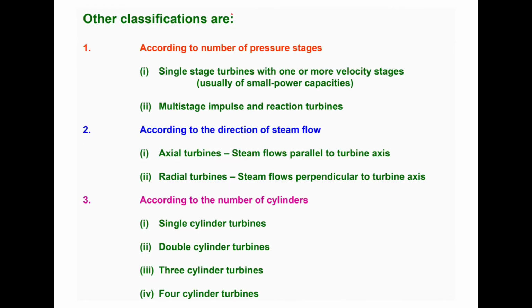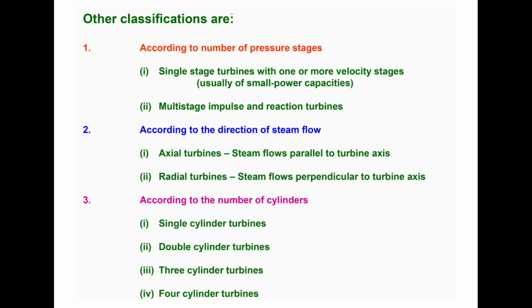Other classifications are also made according to the number of pressure stages: single stage turbine and multi-stage impulse and reaction turbines. According to the direction of steam flow, we can classify into axial turbine and radial turbine.